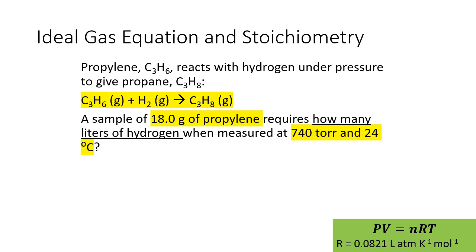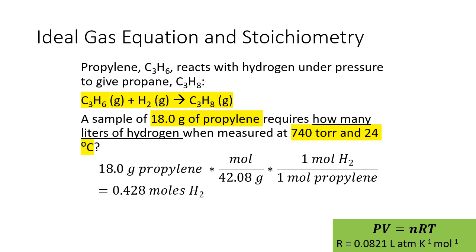So here we go. We have a mass of propylene. We need to convert that to moles in order to use the mole-to-mole ratio in the chemical equation. So that's what we do. 18 grams of propylene divided by 42.08 grams per mole times the 1/1 ratio gives you 0.428 moles of hydrogen gas that we have evolved in this reaction.